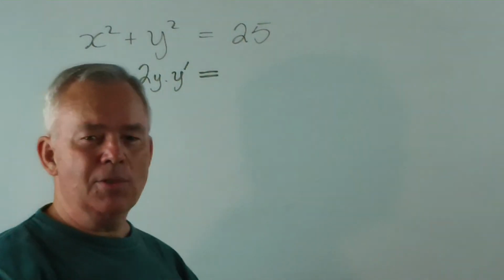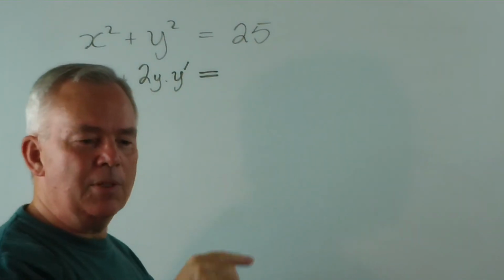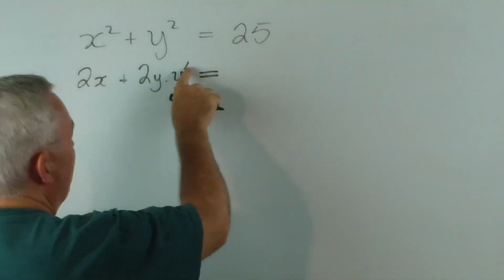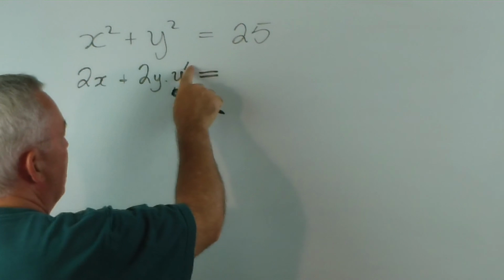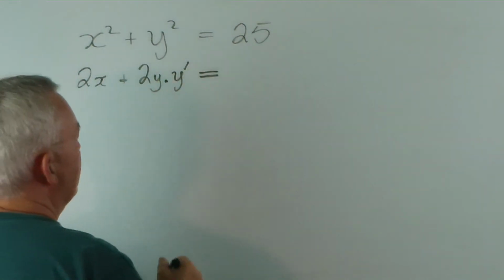You'll find that mathematicians tend to prefer, when they're taking implicit derivatives, to use y dash, because dy/dx all the time becomes a bit tedious. But just be very careful of that symbol up here in the superscript. It's not a 1, it's a dash.